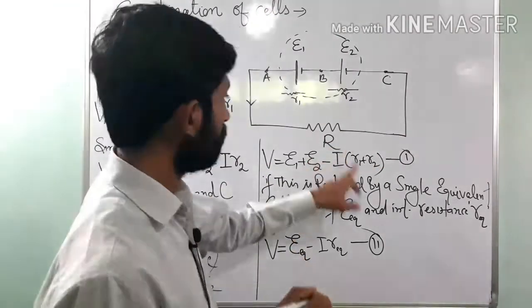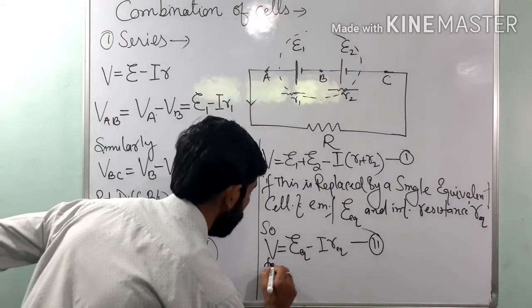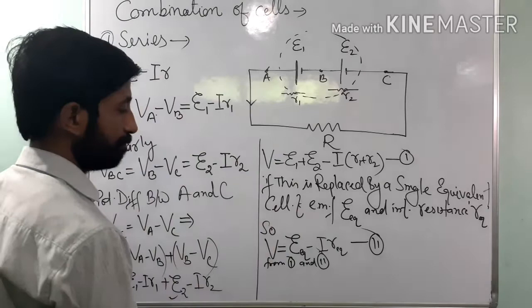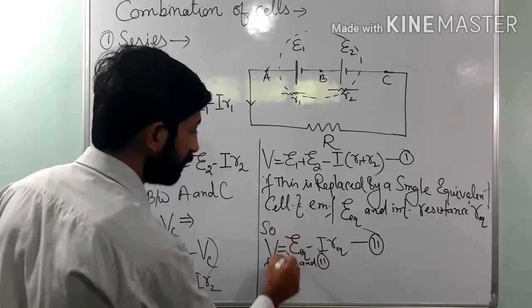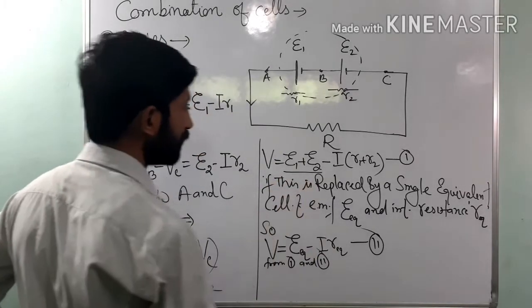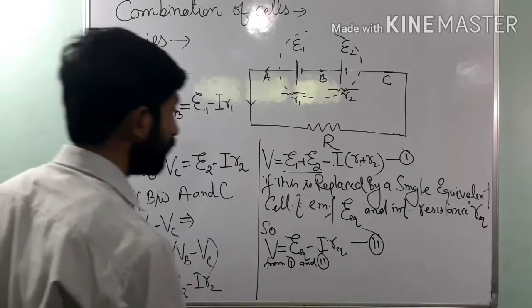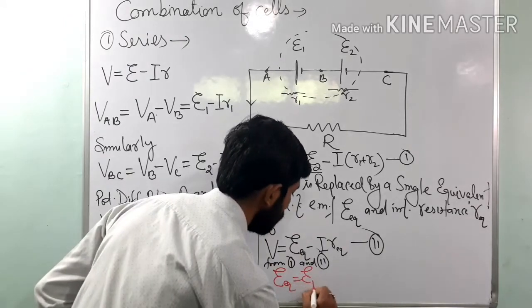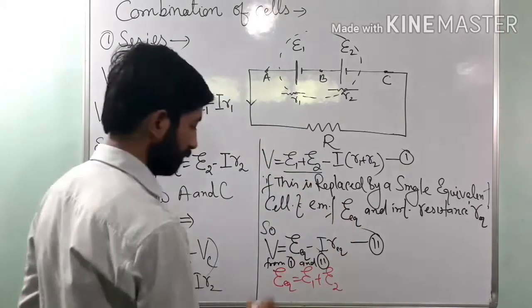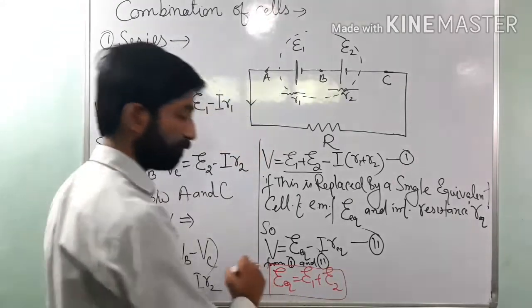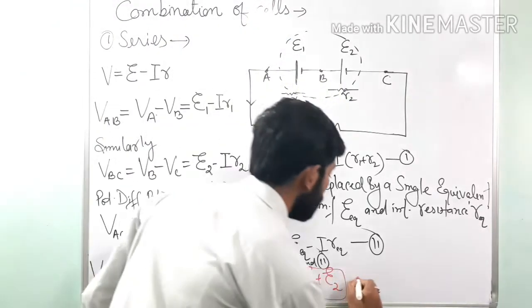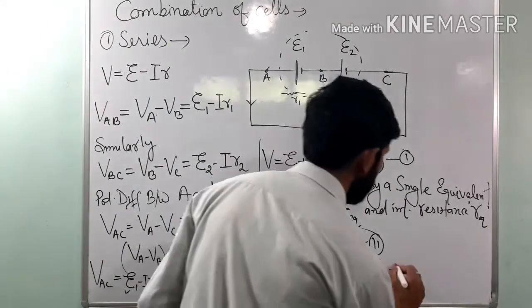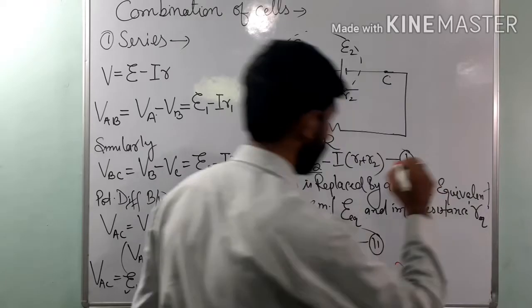So from first and second, what we get? E equivalent is equal to E1 plus E2. Okay, getting this? And R equivalent is equal to R1 plus R2.